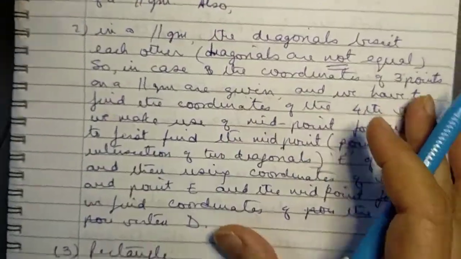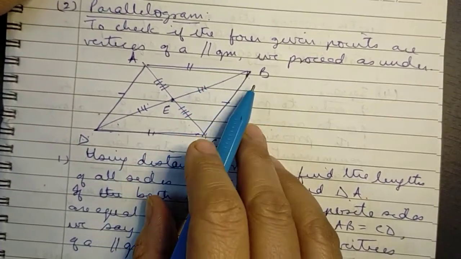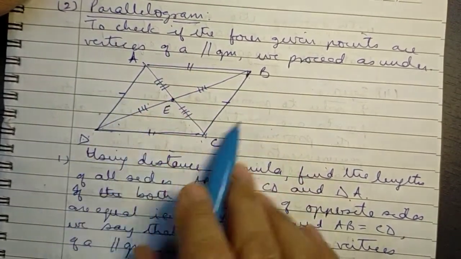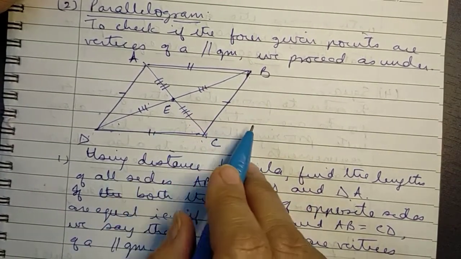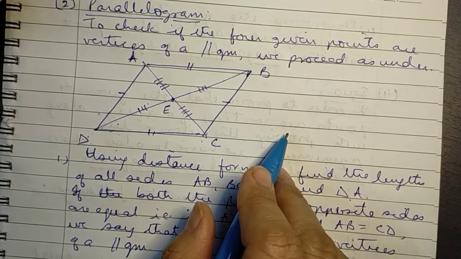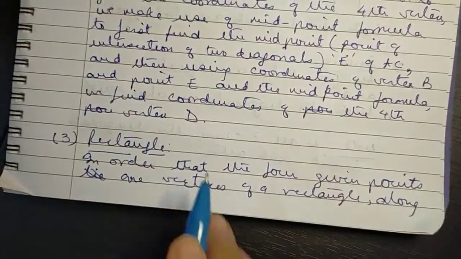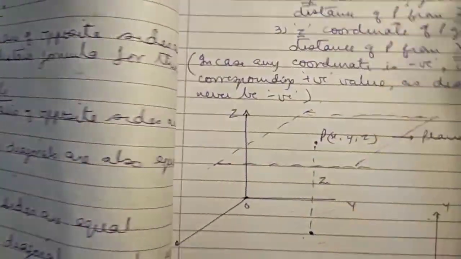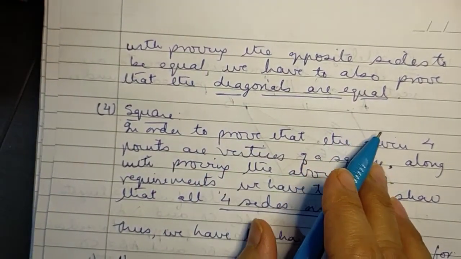Now, sometimes we are given 4 points and we are required to check whether they are vertices of a parallelogram and whether or not that parallelogram is a rectangle. For that, we know that a rectangle is a special case of parallelogram where the diagonals are equal in length.